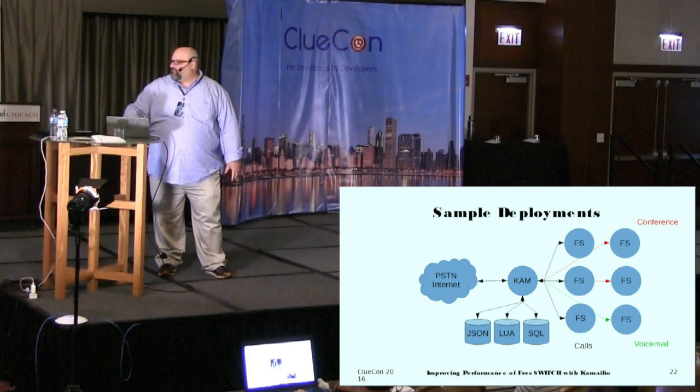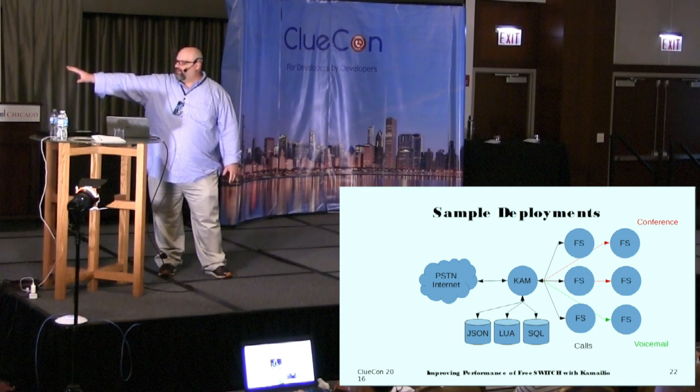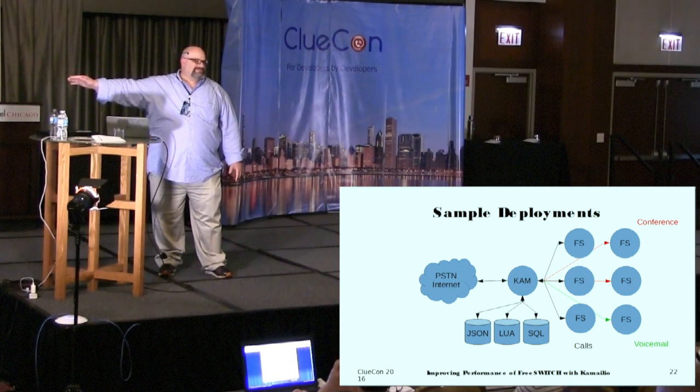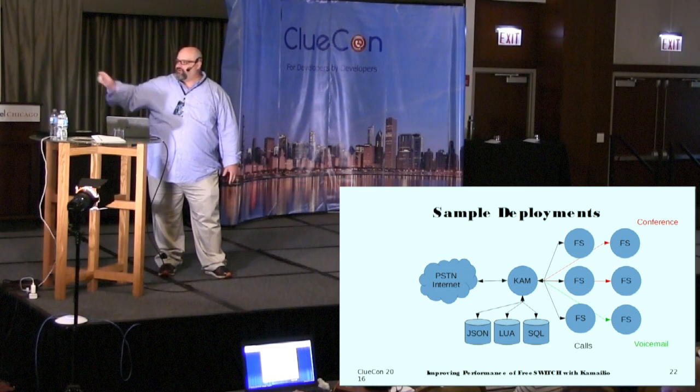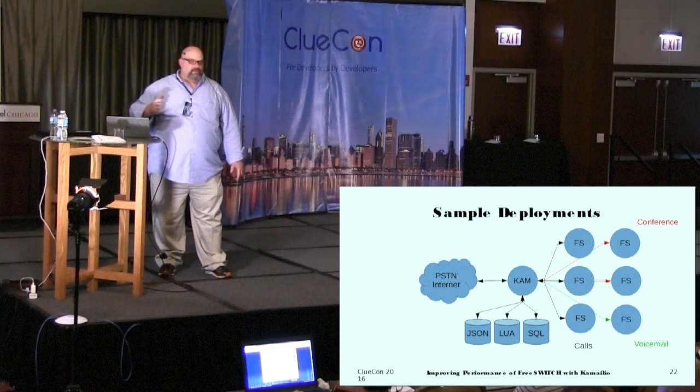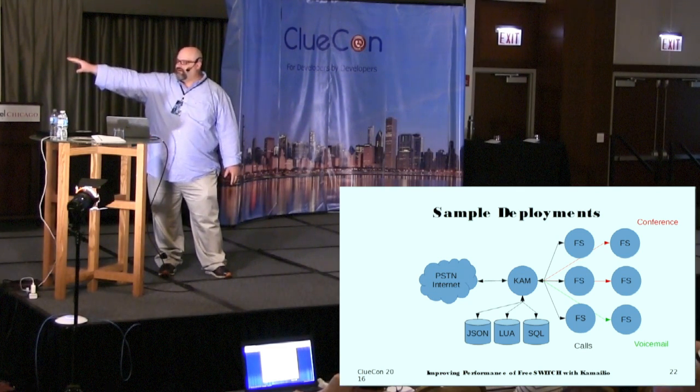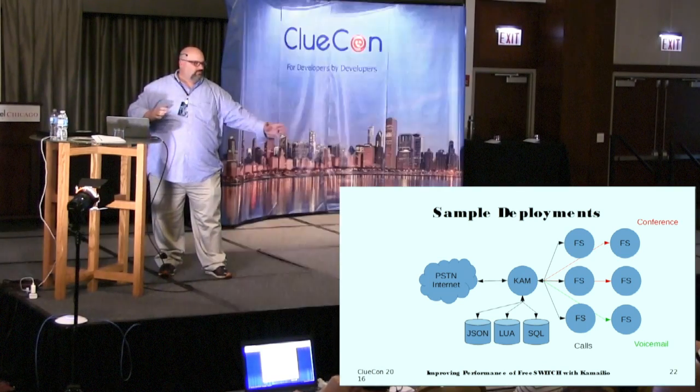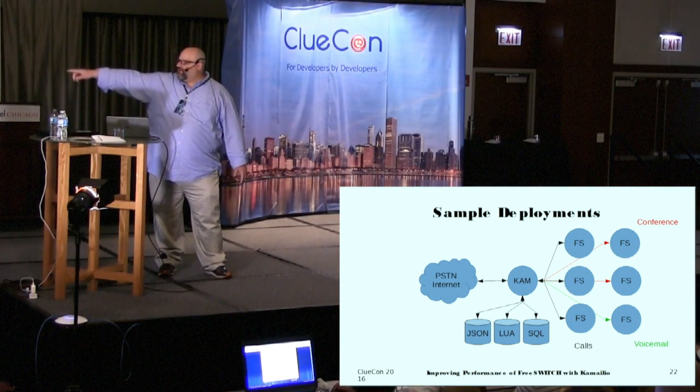Since Kamailio, I'm going to go back to this one, can also work by sending SQL and sending things out through the other modules, this is your great start for getting geo-redundant systems. I can share location databases. Okay, if something's down, I can forward it over. These FreeSWITCHes don't need to be in the same local LAN.